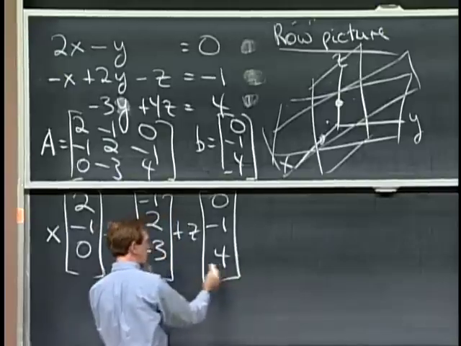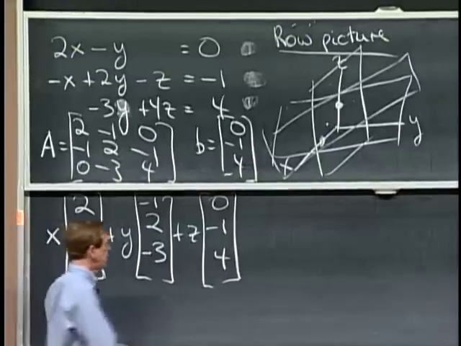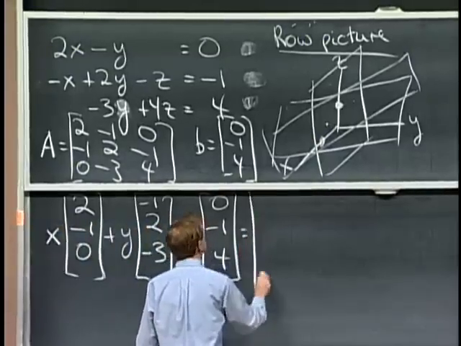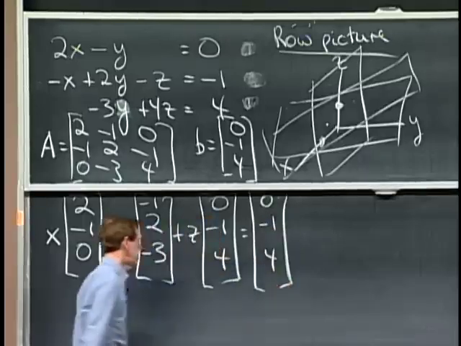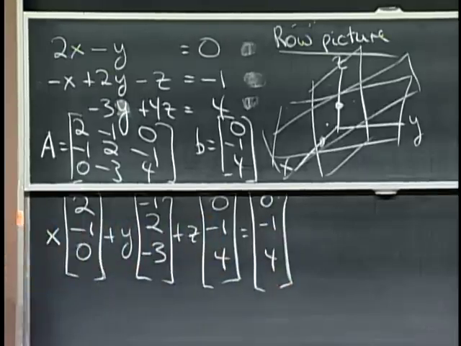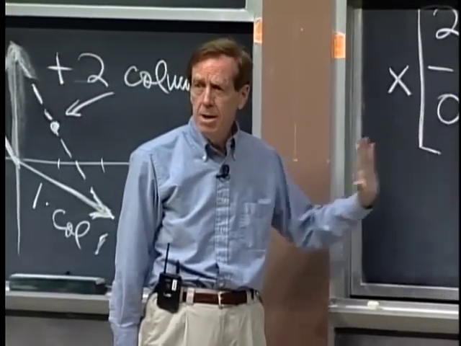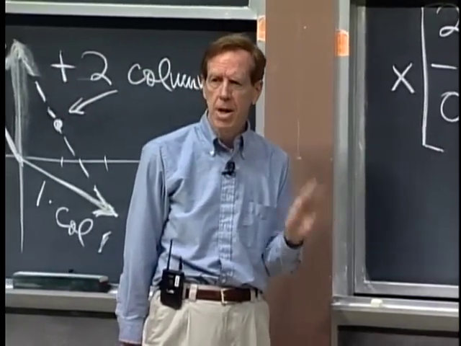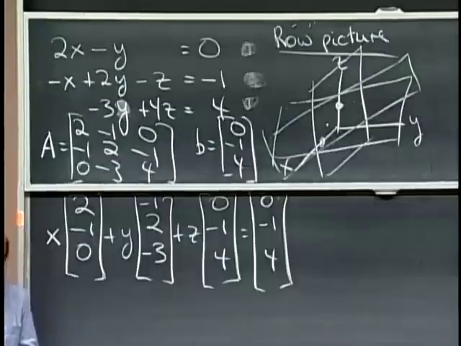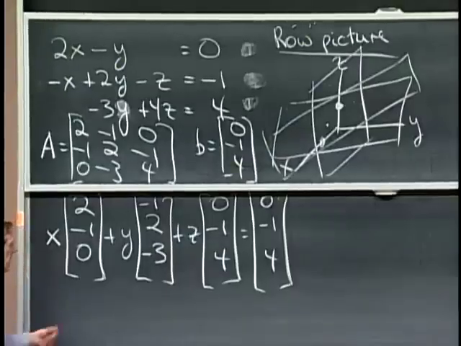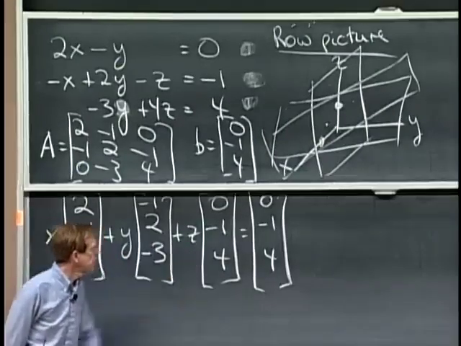And it's those 3 columns, right, that I have to combine to produce the right-hand side, which is 0, minus 1, 4. Okay. So what have we got on this left-hand side? A linear combination. It's a linear combination now of 3 vectors, and each one is a 3-dimensional vector. So we want to know what combination of those 3 vectors produces that one.